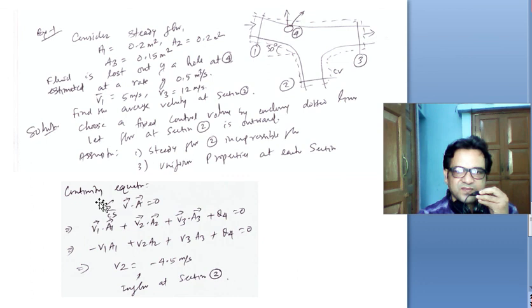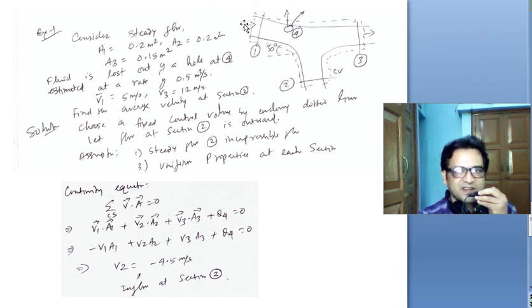The assumptions are steady flow, incompressible flow and uniform properties at each section. As per the continuity equation, the summation of all V dot A is 0. At the inlet V dot A is negative because the outward normal and the velocity act in opposite directions. At section 3 it's positive. At section 2 it's leaving, so it's also positive. At 4 it's leaving the control volume, so it's also positive.